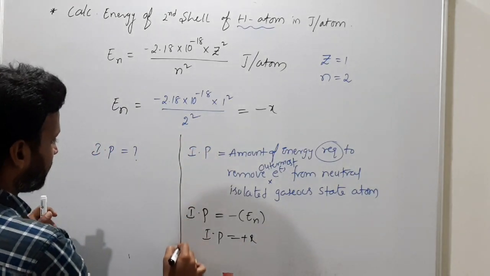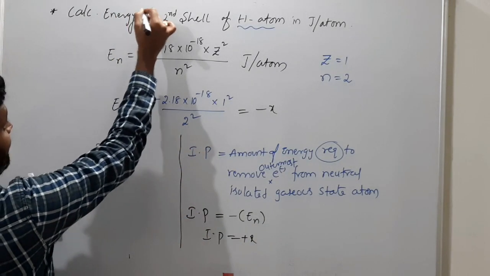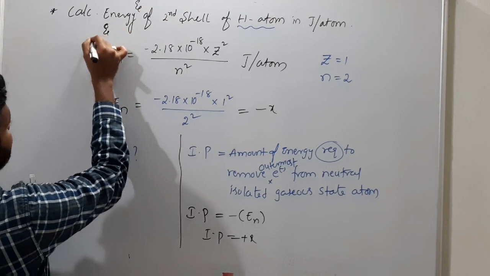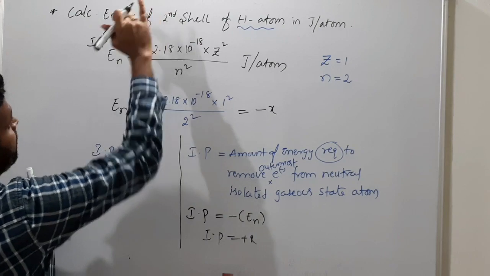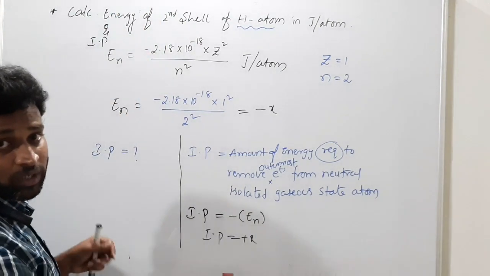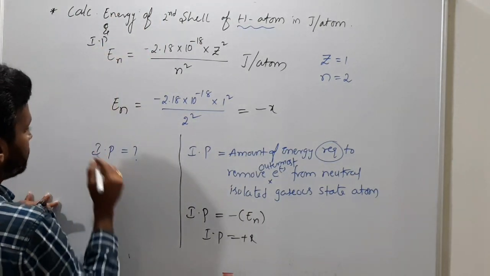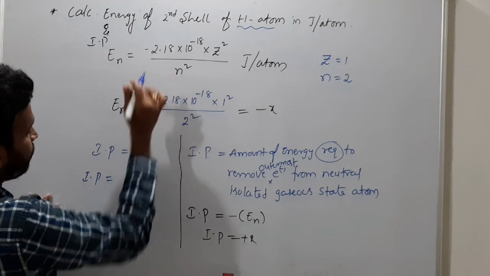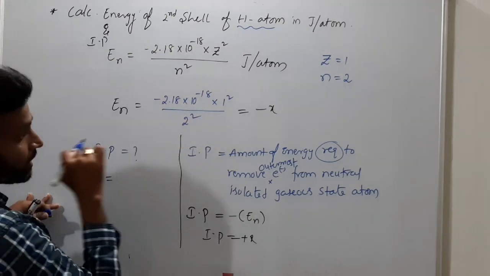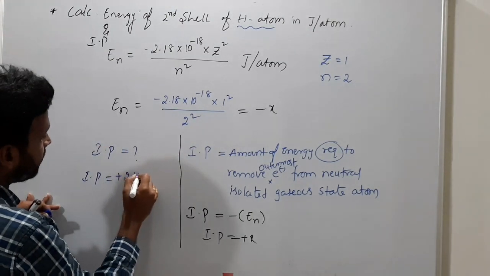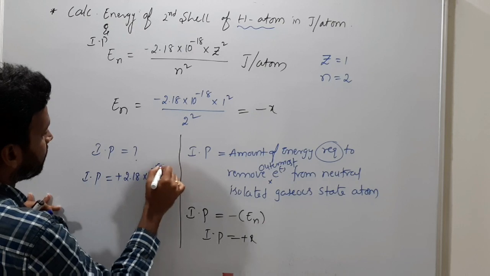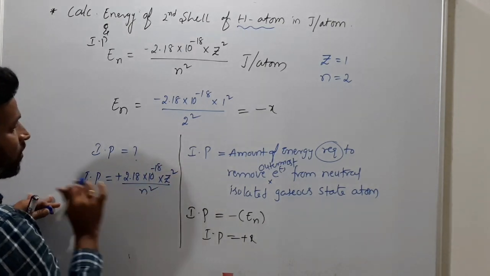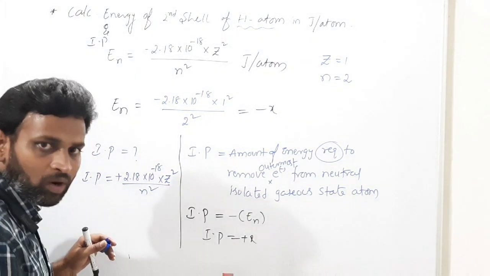So for this numerical, calculate energy and ionization potential, they have given. So ionization potential means here the formula: minus 2.18 you have, so here plus 2.18 into 10 power minus 18 into Z square by n square, positive energy, the same quantity.